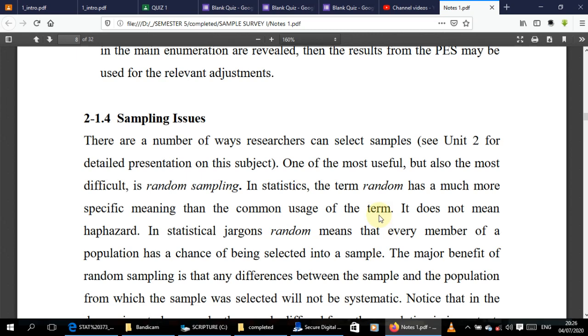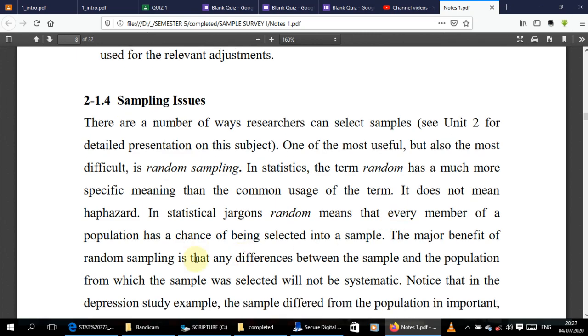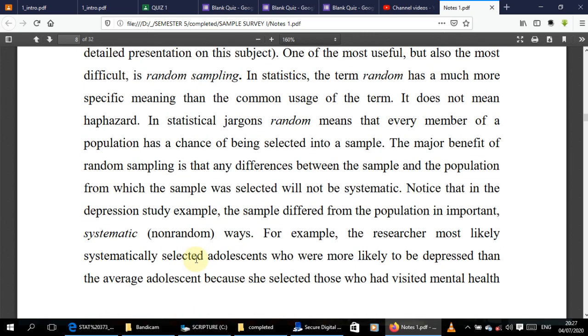In the local language, people say "basa". Sometimes when they say random, you think they are trying to say that. But in here, random is not like that. It's not haphazard. All right. So in statistical jargon, random means that every member of a population has a chance of being selected into a sample. Okay, into a sample.